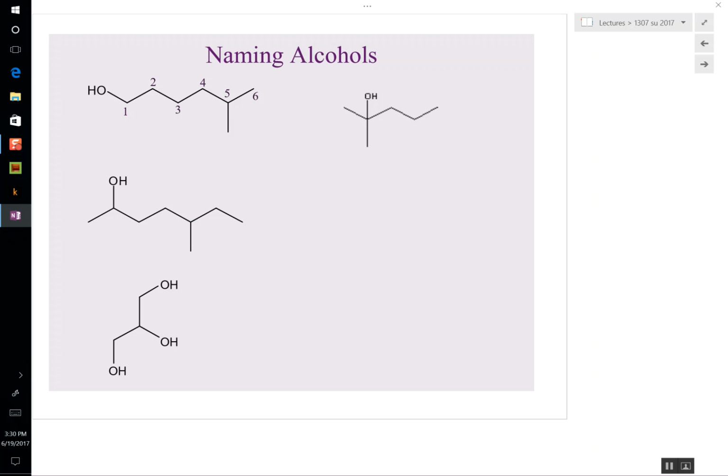So you know enough to figure this out from your chapter 11 so far. And in chapter 12, one of the questions will be, how can you make an alcohol? Well, one way to make an alcohol is through the hydration of an alkene. That's what you're doing right here, producing alcohols. And draw the major product.